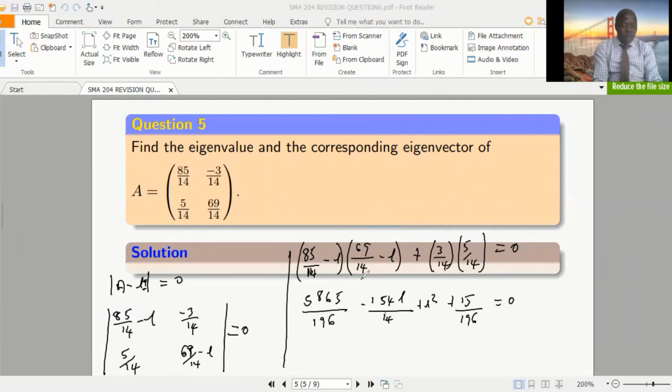Now at this point, these are like terms. Bring these ones together, this and that.